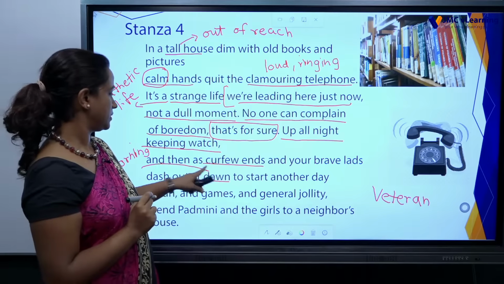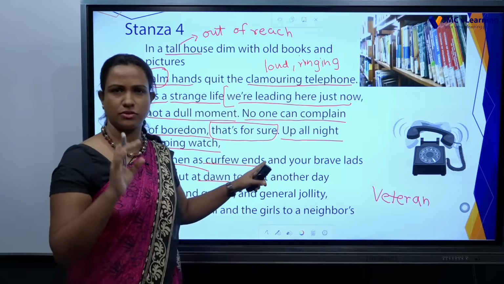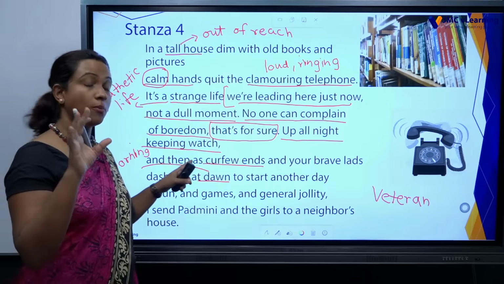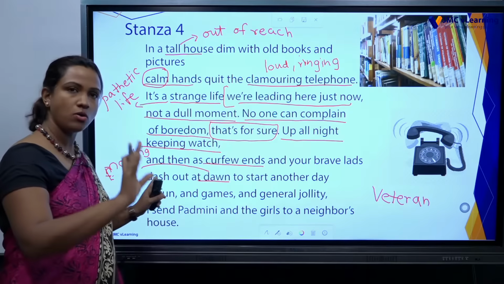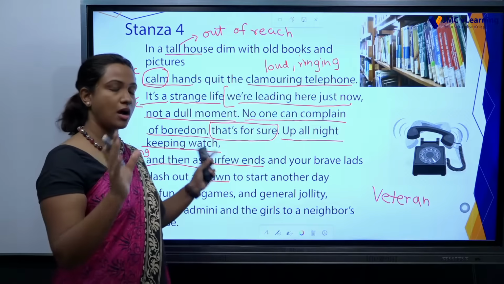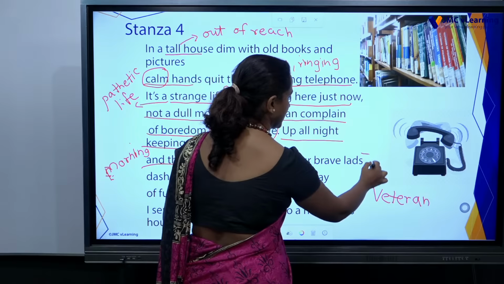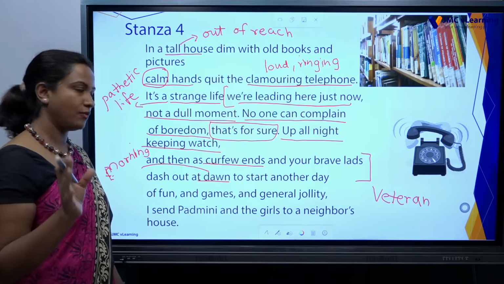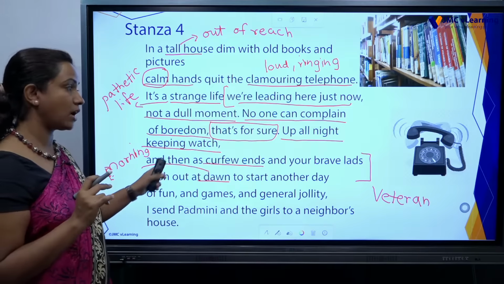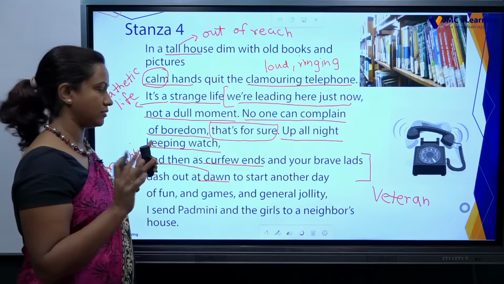Just after the curfew ends, your very courageous lads go out early in the morning to start another day. That means there is some sort of power here. Everyone can't go out when the curfew ends, but those with power can go out, right?